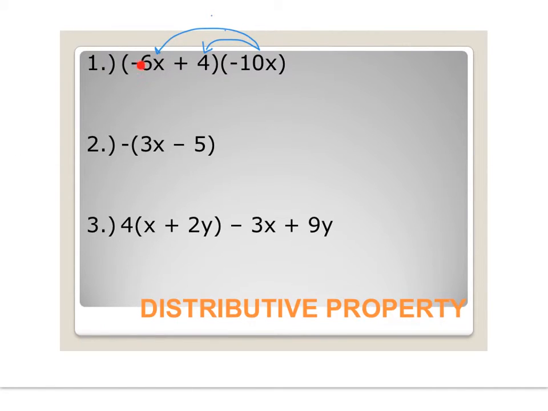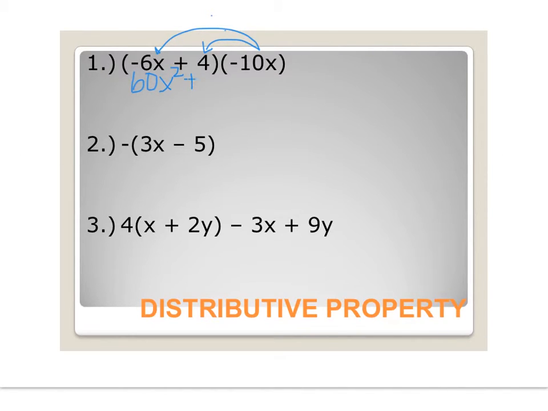So I want to take -6 times a -10, and that is a positive 60. Be careful. 2 negatives become a positive. Then I have to take this x times x, and when it's x times x, that becomes x squared.